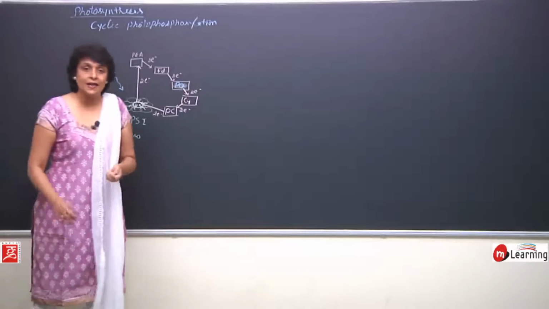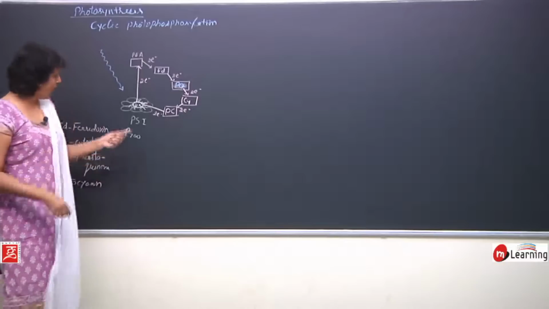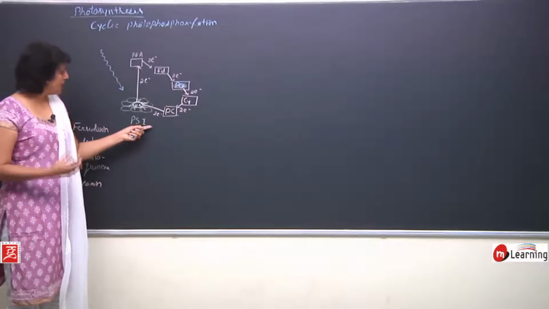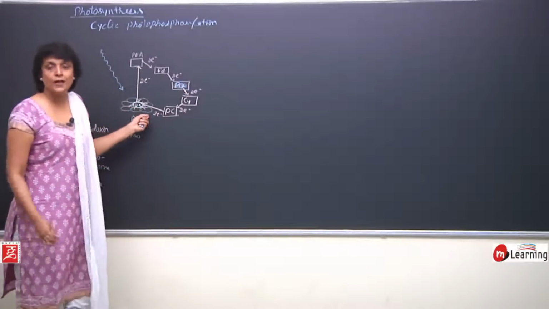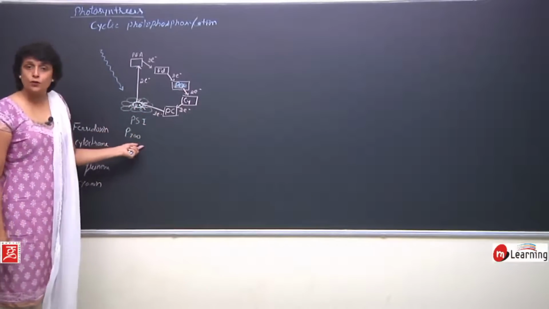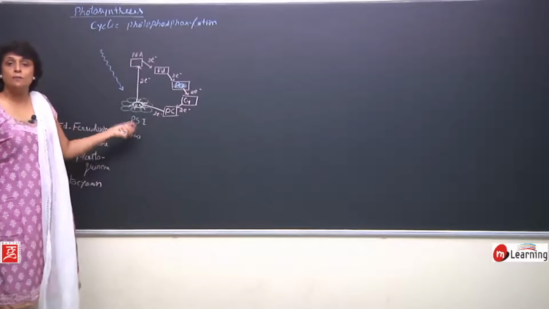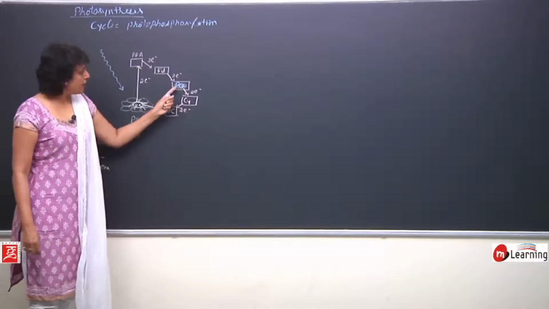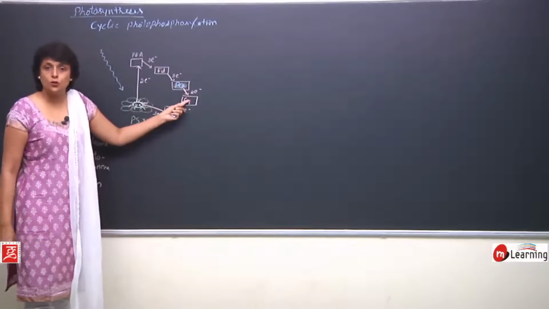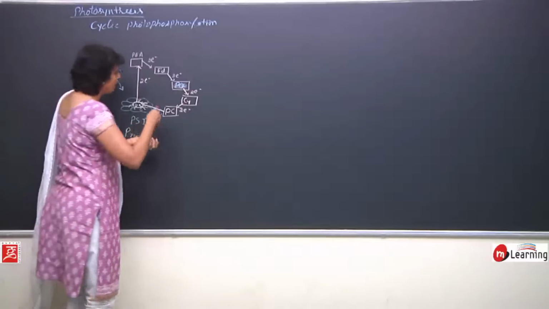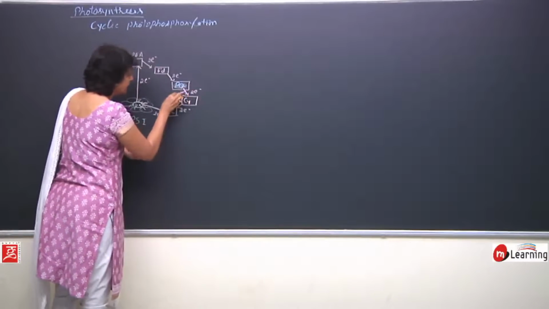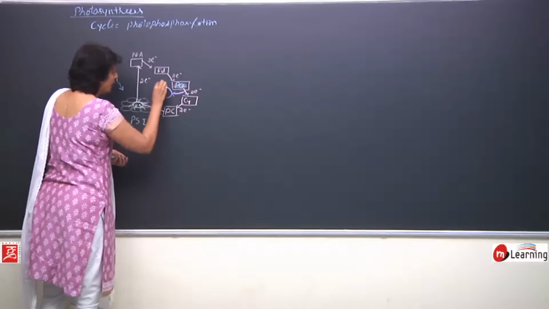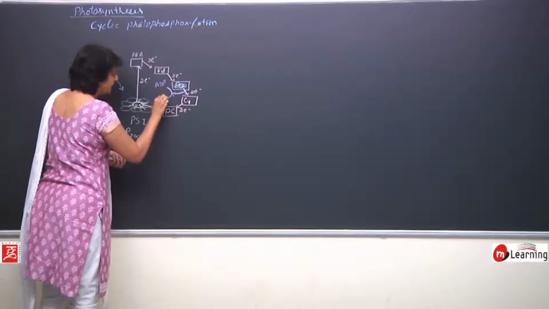In case of non-cyclic, it was not coming back, and that is why photolysis of water was required. So, when water splits, the pair of electrons which is released is given back to the chlorophyll, so that its loss can be made up. But here that photolysis is not required, because the electron pair is coming back to the same chlorophyll. Plus, when the electron pair moves from plastoquinone to the cytochrome complex, at this particular place, energy is released, and this energy is used to convert ADP to ATP.